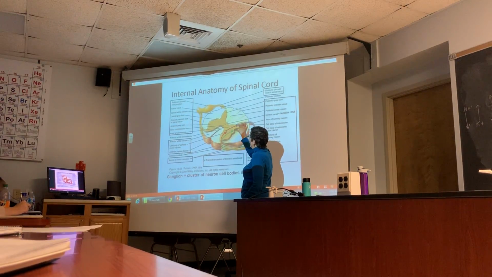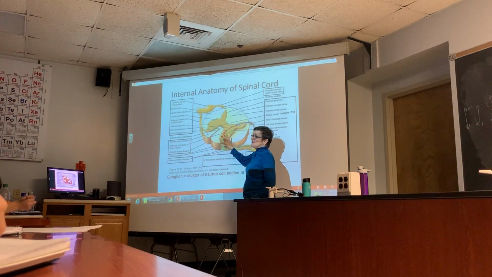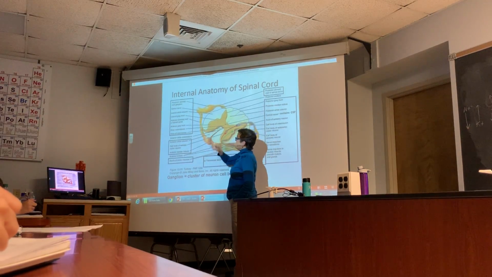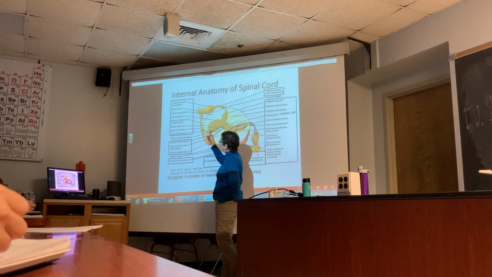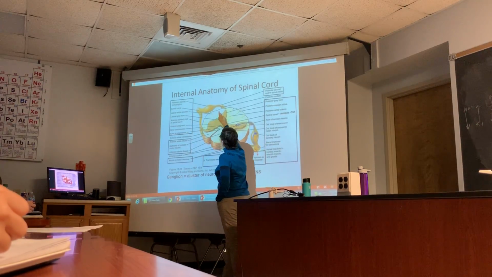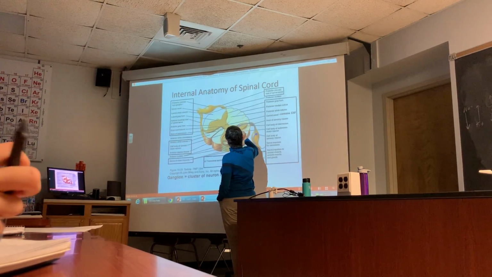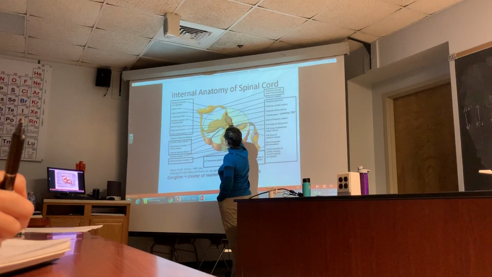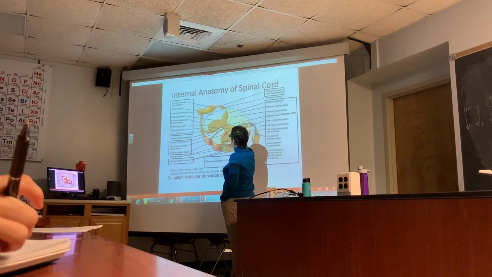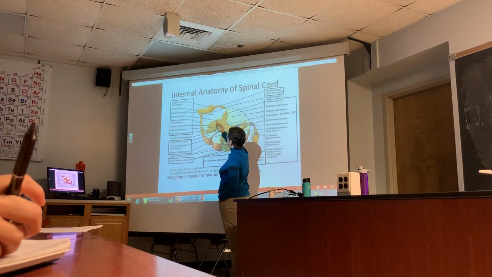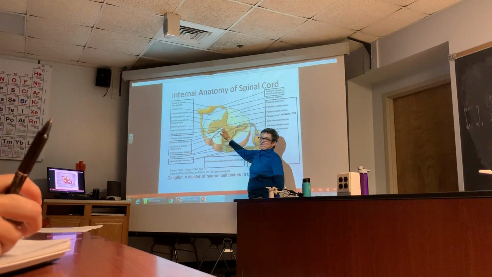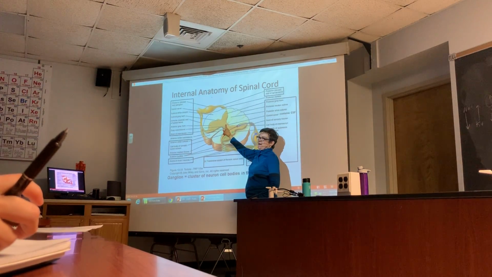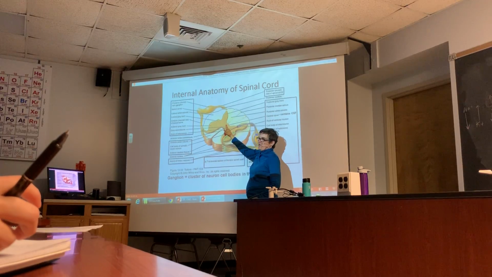And then you have the gray matter, which looks like an H. The front ends of the gray matter are called the anterior gray horns. The posterior side, the back side, you have posterior gray horns. You also have, in some parts of the spinal cord, lateral gray horns. And then you have the gray commissure, which connects the two sides, and the central canal, the cerebrospinal fluid in the middle there.